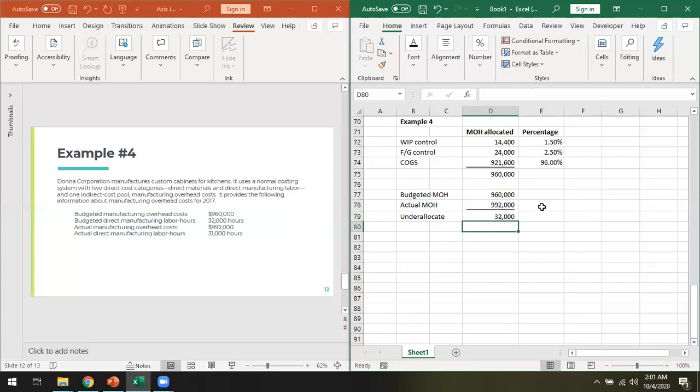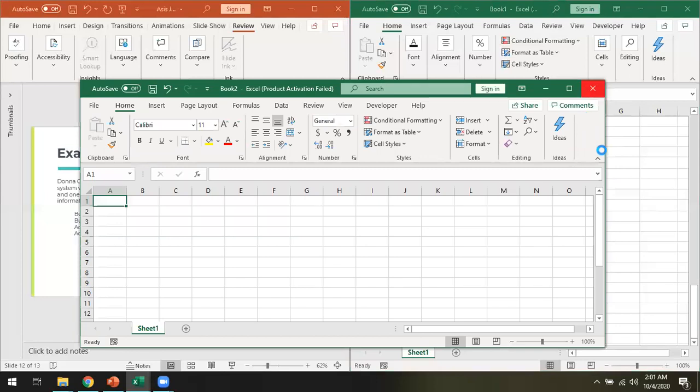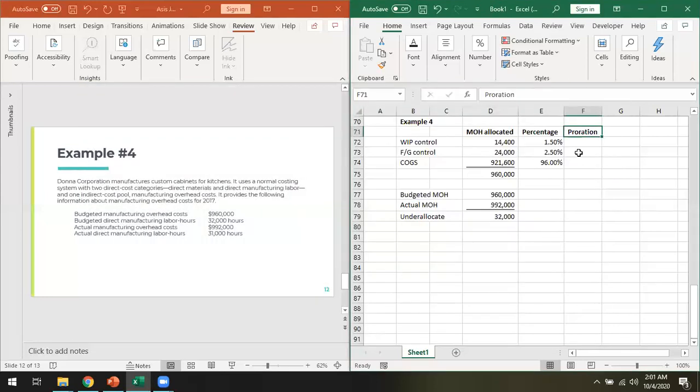Therefore, the manufacturing overhead control and manufacturing overhead allocated will be offset by each other. Proration: we multiply this percentage with the under allocation.